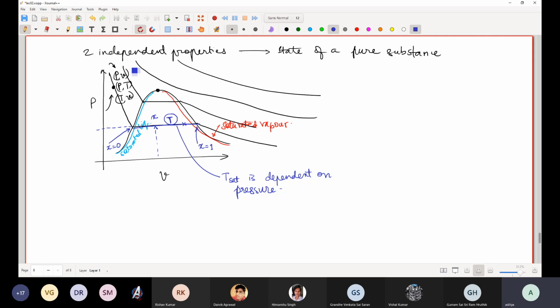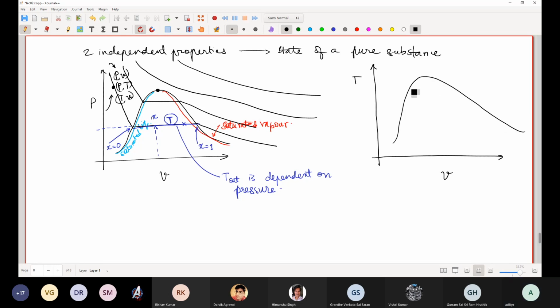So far, you have learned about PV diagrams and TV diagrams. The TV diagram also looks quite similar, but how do the isobars look? Let me draw it in a different color. The isobars will look something like this.